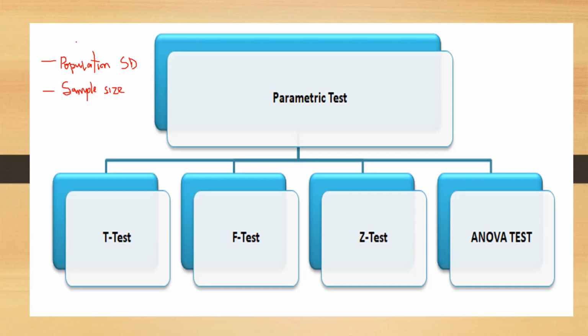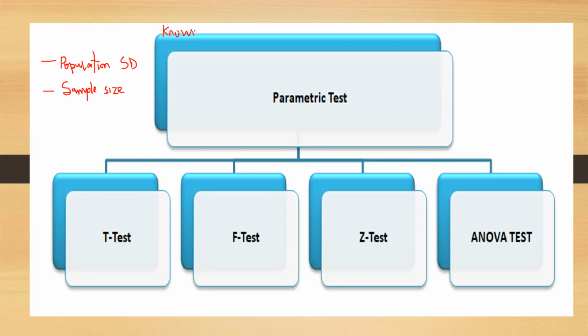If the population standard deviation is known for any question given to you, what do you use? You use a z-test. Let me repeat myself. If the population standard deviation is assumed known, you will use a what? A z-test.